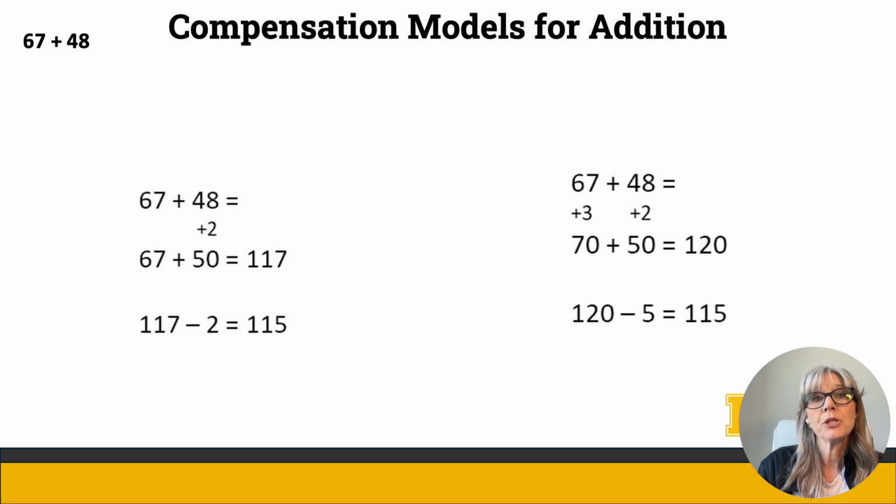Compensation is a strategy where students change one or both of the addends to make the problem easier to add. When students find the sum of this easier problem, they must either add or subtract again in order to find the actual answer. Students must have a strong number sense to efficiently use this strategy. Compensation is often taught or shown to students directly, and then students practice it.